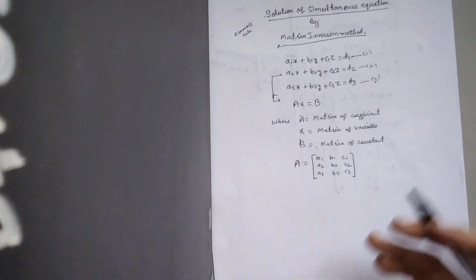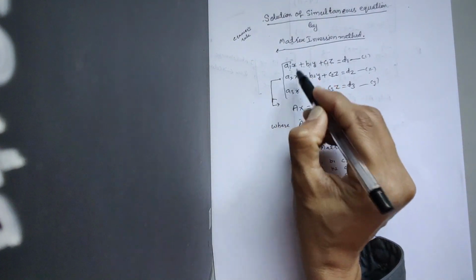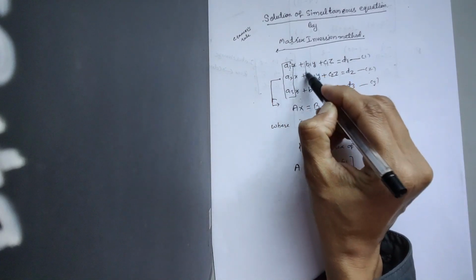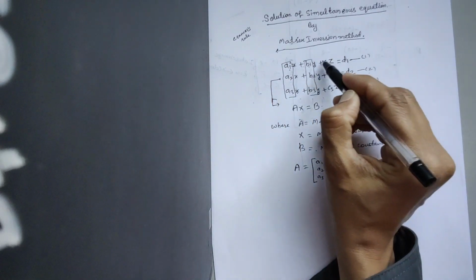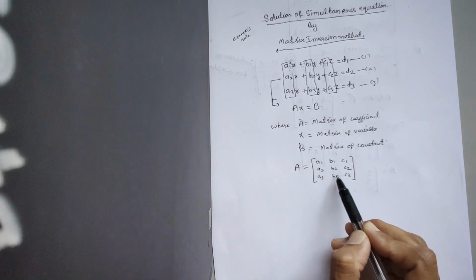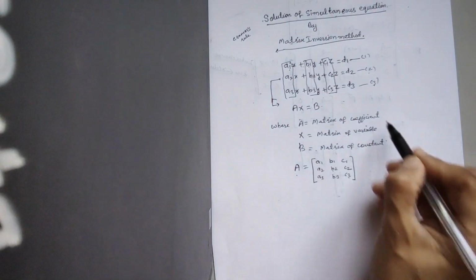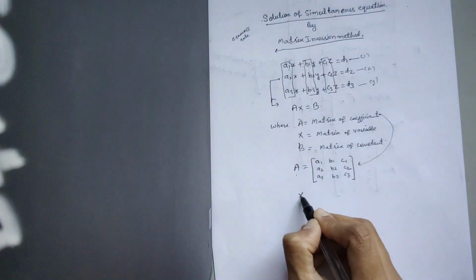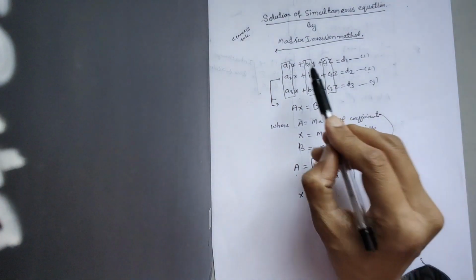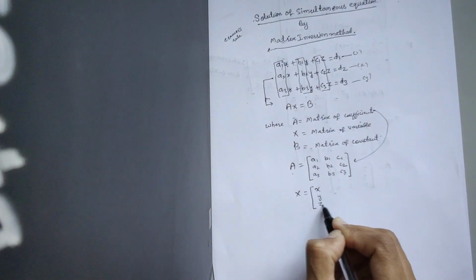If I write these coefficients in a column, you will get it like this: a1, a2, a3, b1, b2, b3, c1, c2, c3. This is the A matrix, the matrix of coefficients. Now X is the matrix of variables. Here x, y and z, three variables we have. So x, y, z.